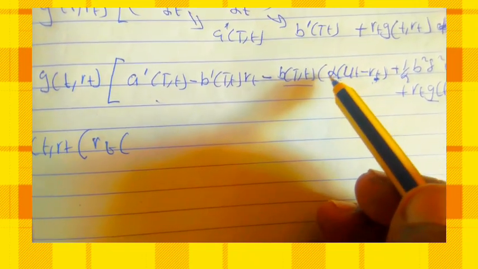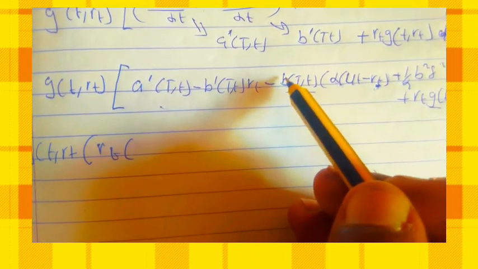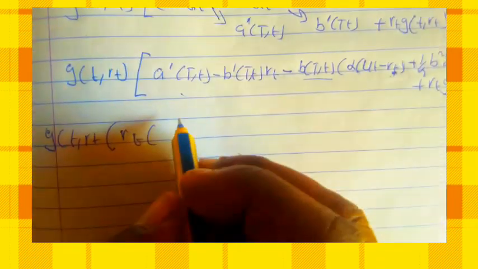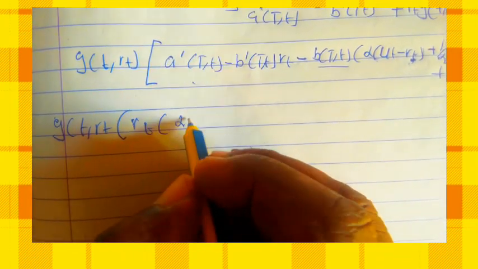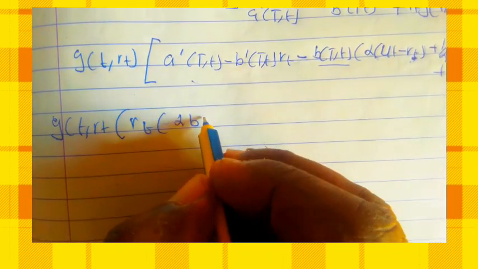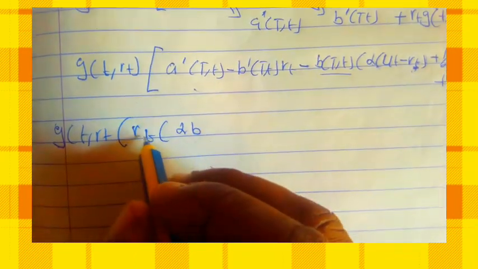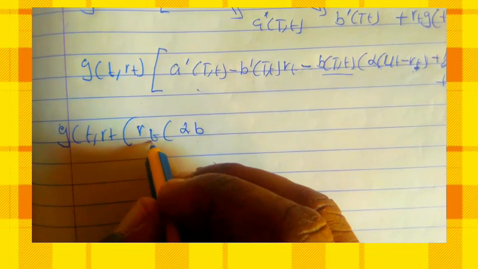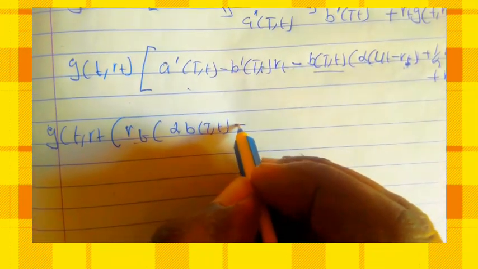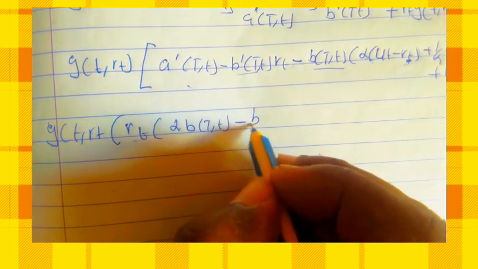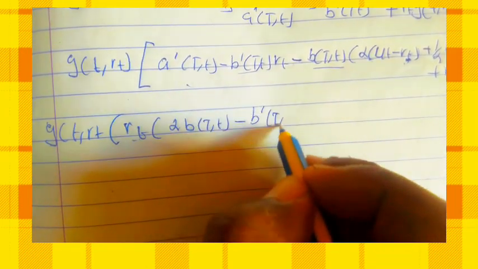So negative alpha r_t times negative B, we get positive, so we get alpha B, because we have factored those r_t, then we get A(T, t) minus this one B prime(T, t).